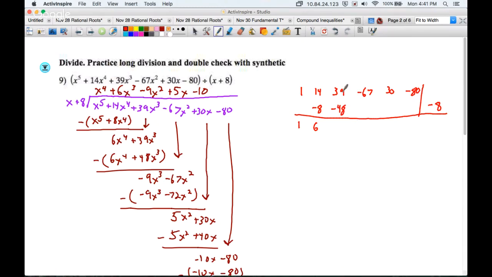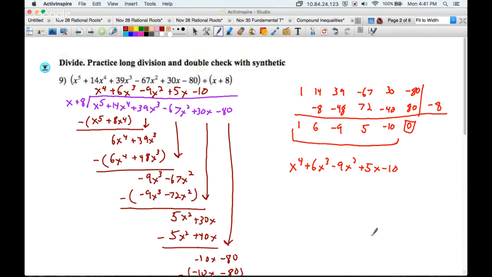The extra perceptive student will notice we're doing a lot of the same arithmetic that we did over here, like 39 plus 40, minus 48 is a negative 9, 72, 5, negative 40, negative 10, 80, 0, and this gives us the same coefficients that we see up there: 1x to the fourth plus 6x cubed minus 9x squared plus 5x minus 10.